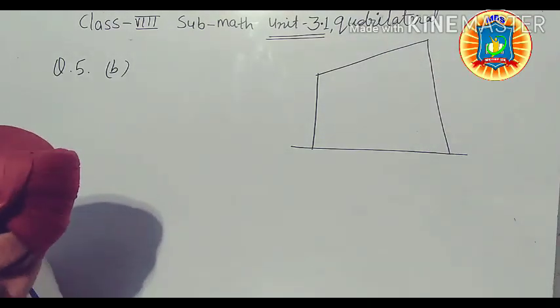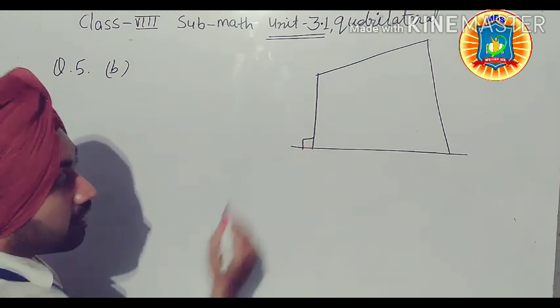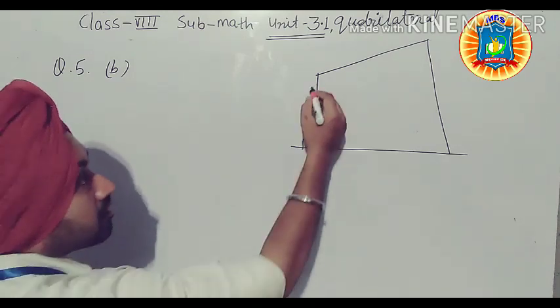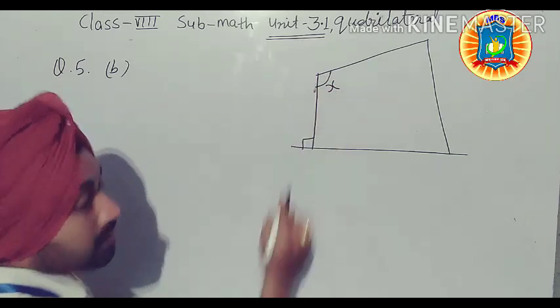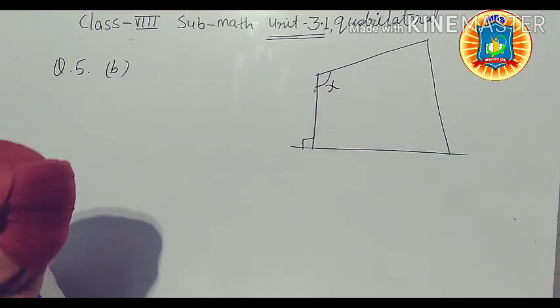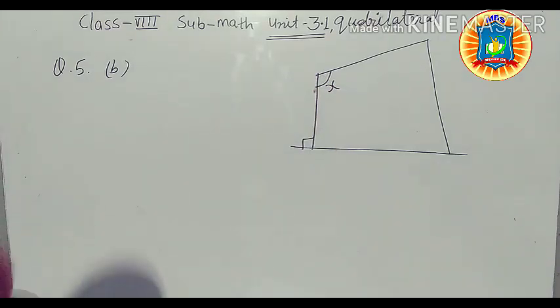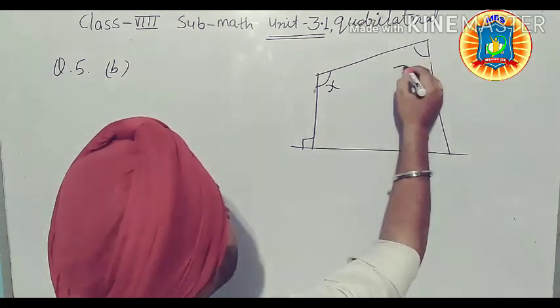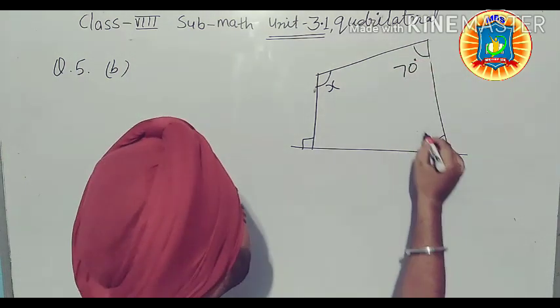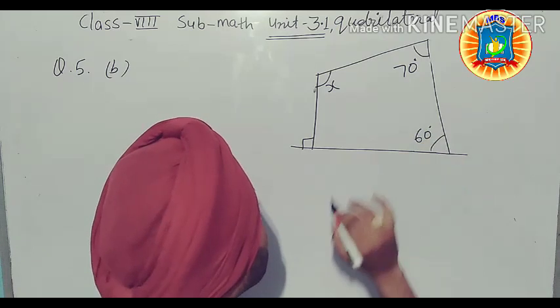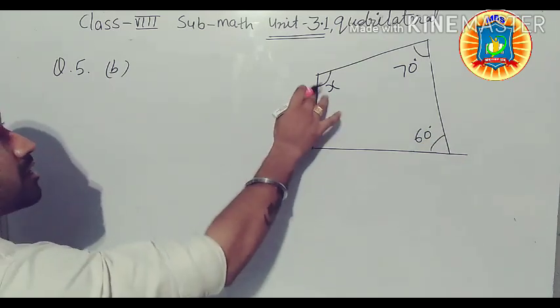This is the angle of 90 degree. This is the value of x he wants to find. This angle is 70 degree and this is 60 degree. And we want to find the value of x here.